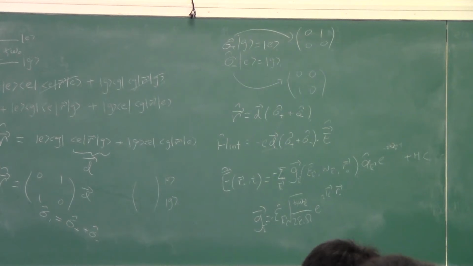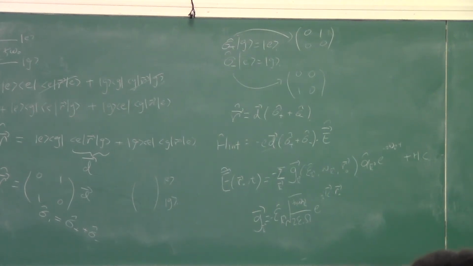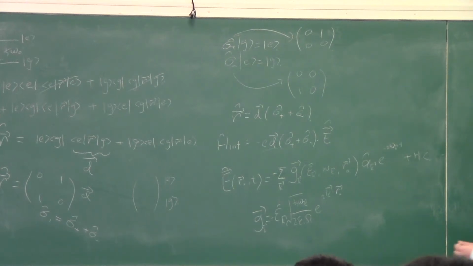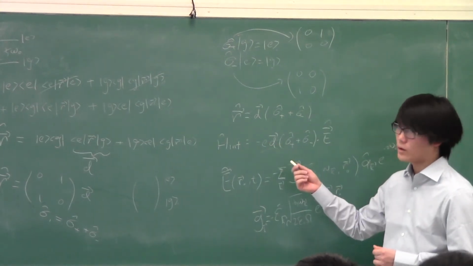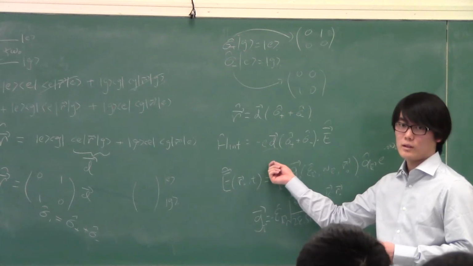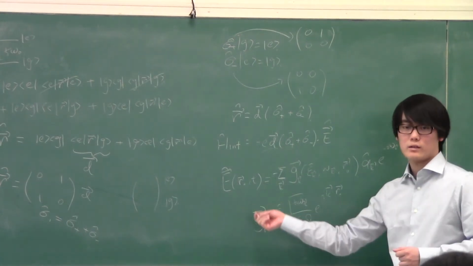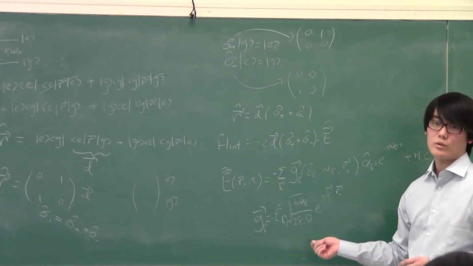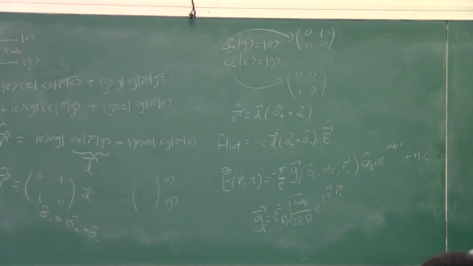Now when I do this product, operators are going to see the operators, and they have a product in the direct product sense. And this dipole, which is an ordinary vector, is going to see this G vector, and they're going to give you some number. So let me work on the operator part.